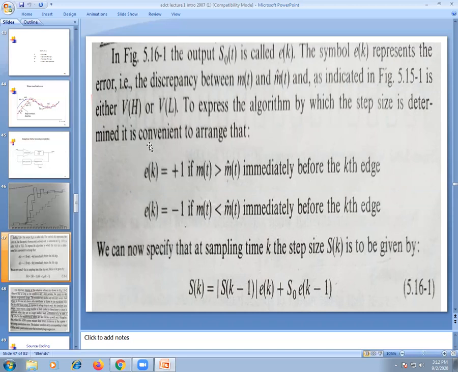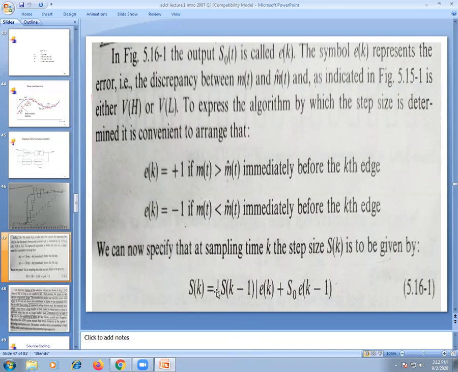Error E of k is positive if M of t is greater than M cap of t, and E of k is negative if M of t is less than M cap of t. So based on the E of k error value, arrange a step. The step is S of k.